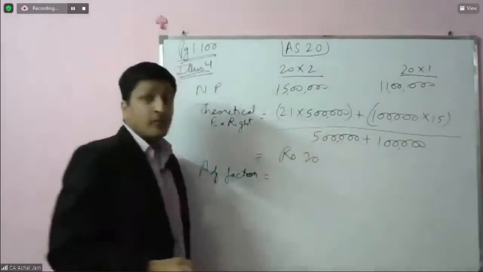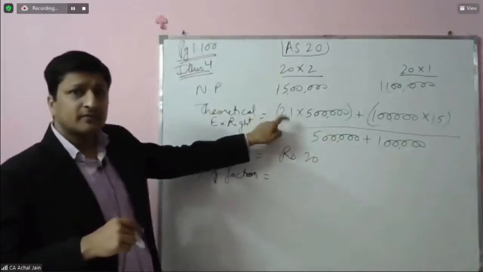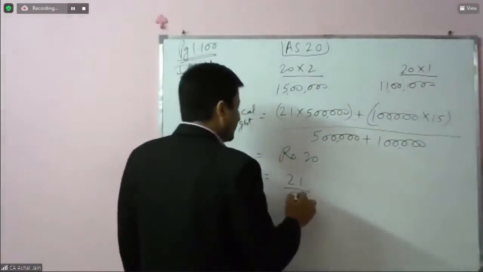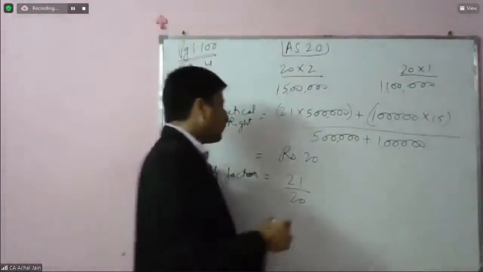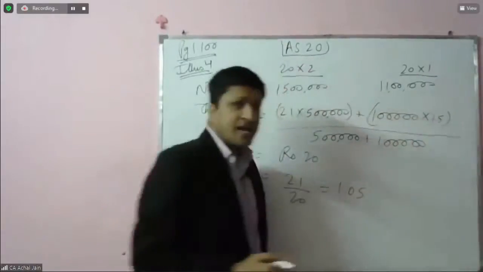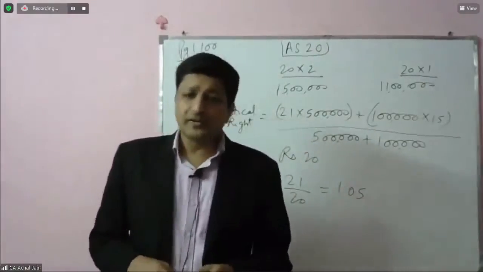That will be fair value immediately before exercise of right, that means 21, divided by theoretical ex-right fair value per share, 20. So this becomes 1.05.